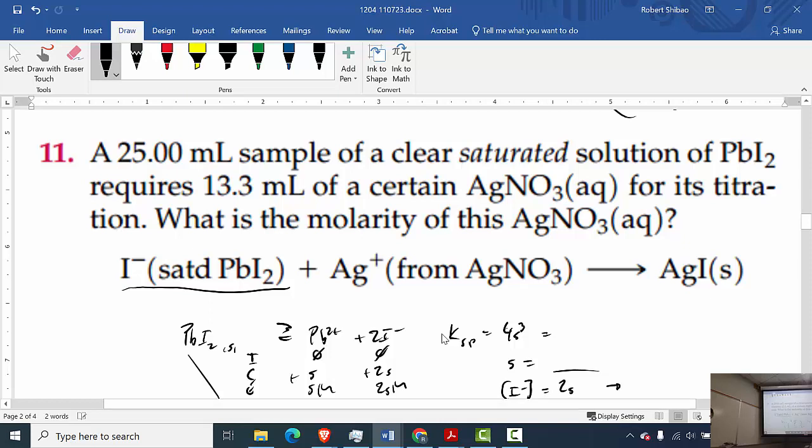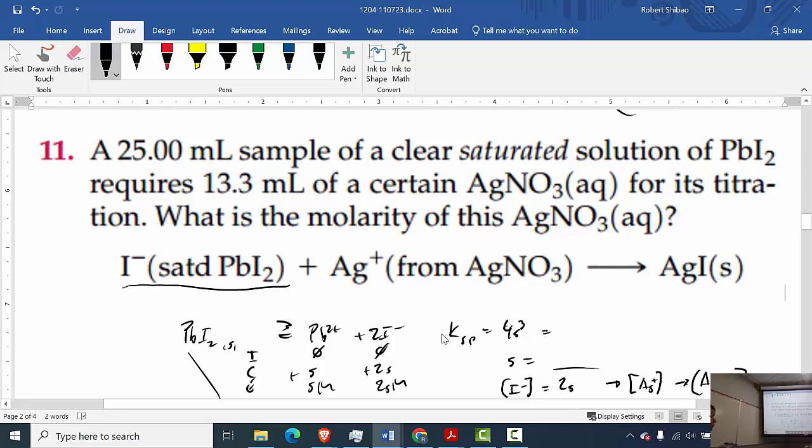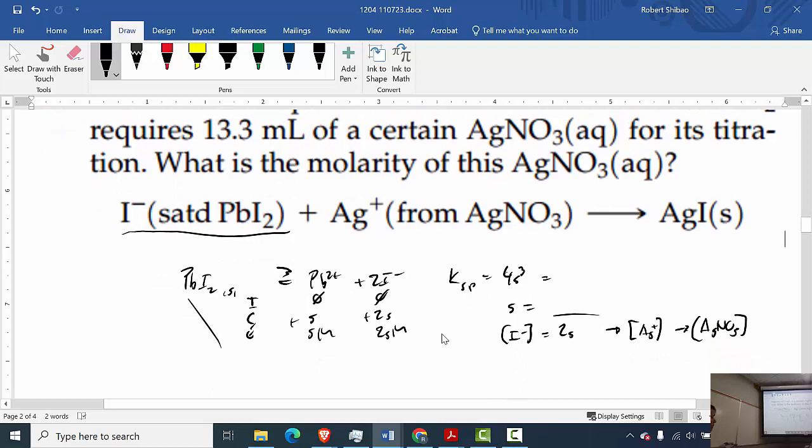And then from the iodide concentration, we'll get the silver ion concentration. And from the silver ion concentration, we'll get the silver nitrate concentration. And so this is just titration to determine the silver nitrate concentration here. And so this would be a metathesis style titration.